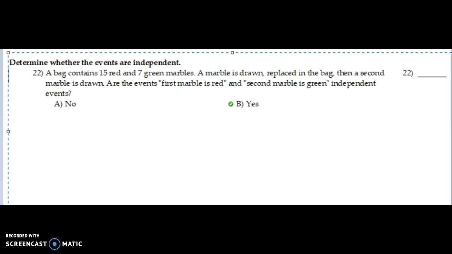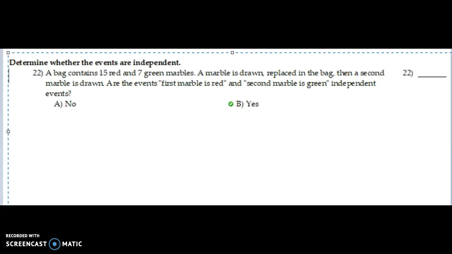For this problem specifically, you've got a bag that has 22 marbles in it, 15 red and 7 green. And of course, if you reach inside and grab a red marble, there's a certain probability that you get a red marble.